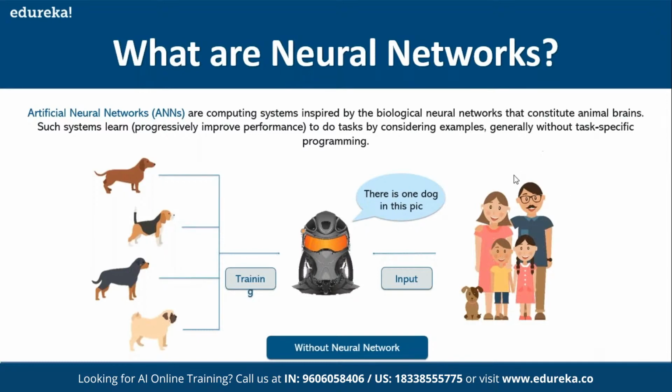Unlike a human being: today most of you are seeing this slide for the first time and you are able to recognize there are four human beings and one dog in this photo, and you say there is a father, a mother, a boy child and a girl child with a dog.